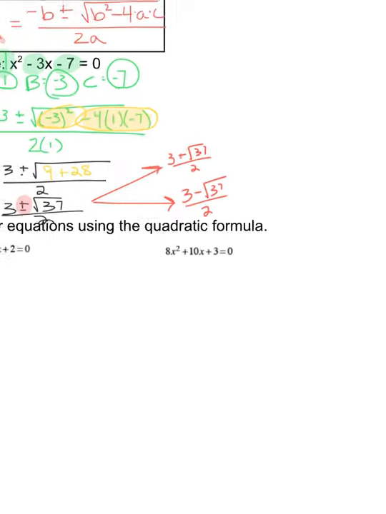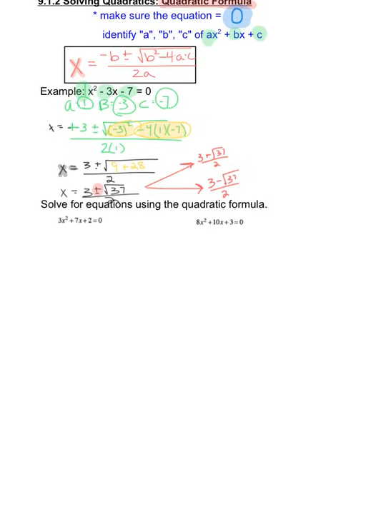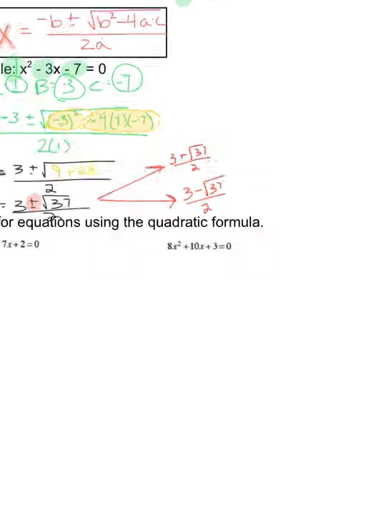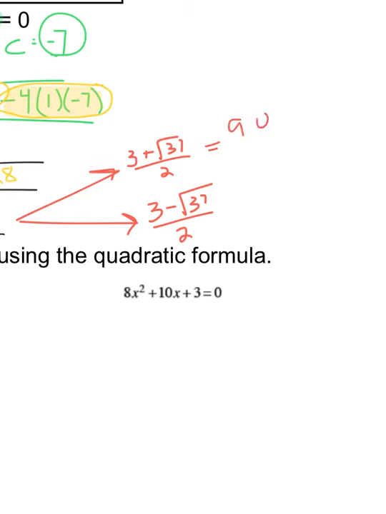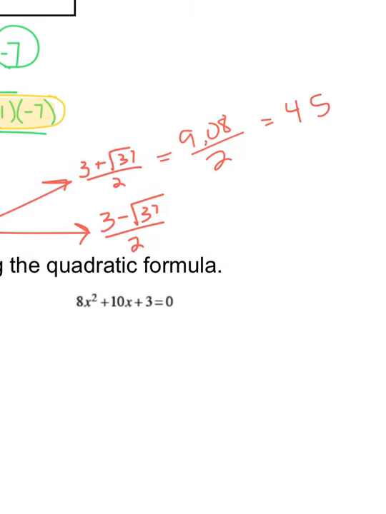So I go to my calculator. Here's kind of my work so far. I'm typing in my calculator 3 plus the square root of 37, which is 9.08, and then we divide by 2. So I get an answer of 4.54 as an x-intercept.